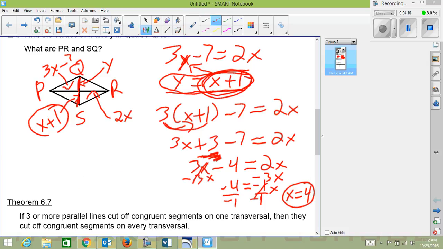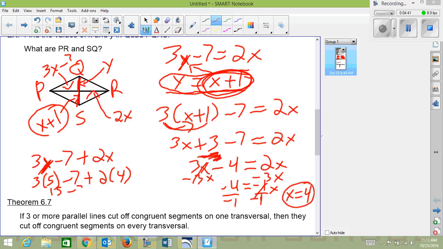PR, P all the way to R: 3y minus 7 plus 2x equals PR. I'm going to plug in my answers. 3 times the 5 that I found y equals, and 4 is x. 3 times 5 is 15. 15 minus 7 plus 8. 15 minus 7 is 8, and 8 plus 8 is 16. So 16 is P all the way to R.